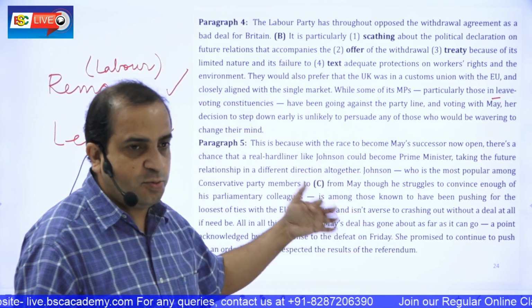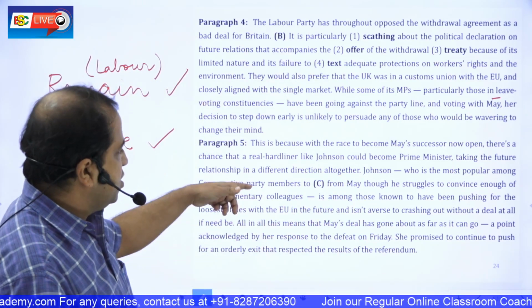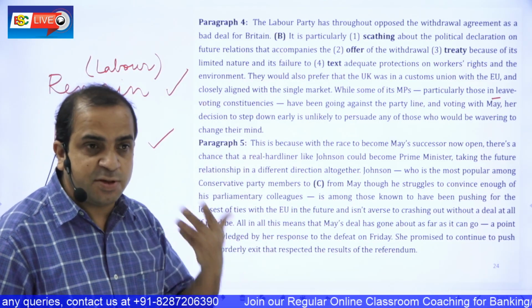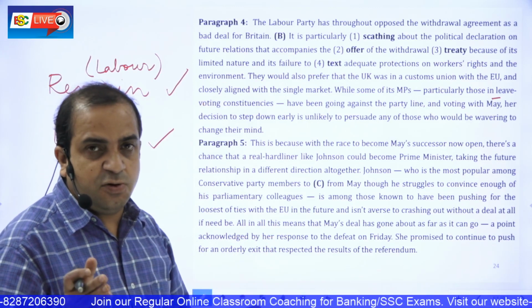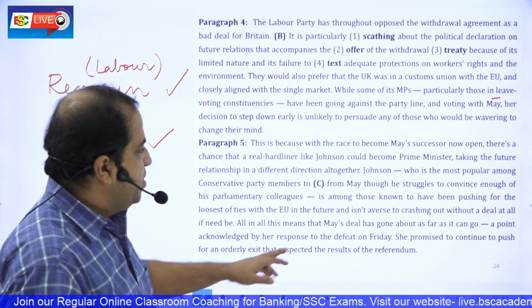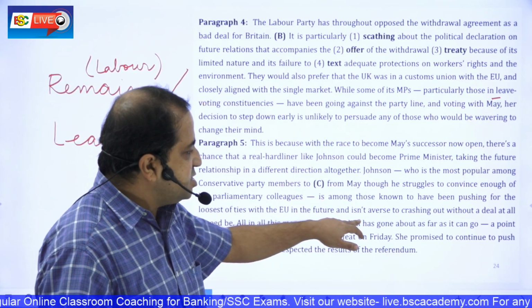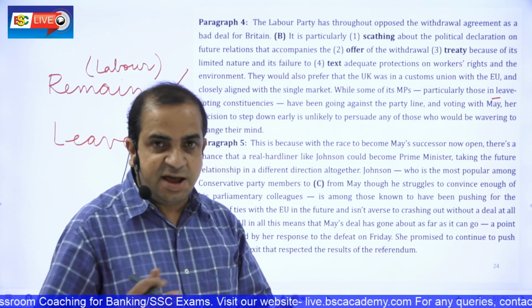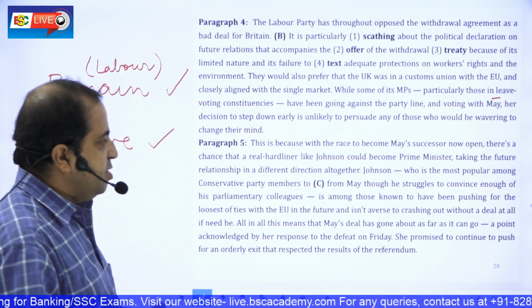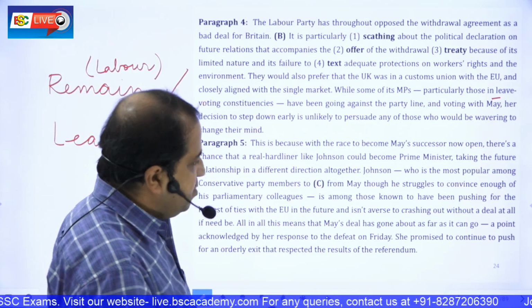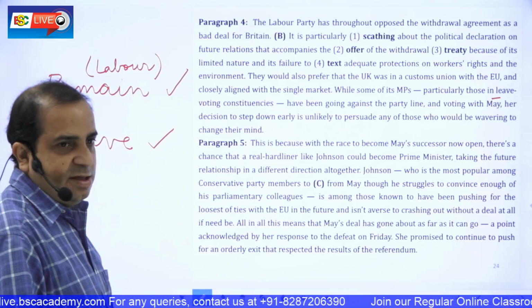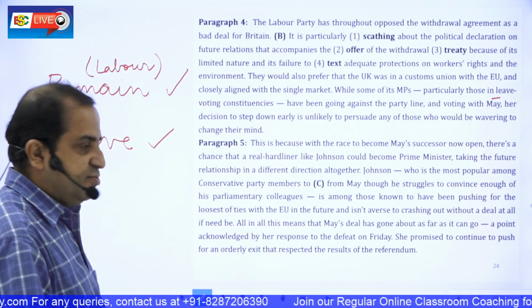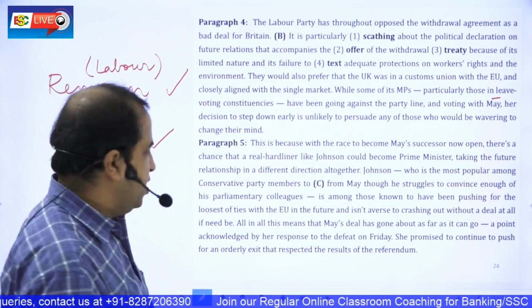In the passage, of course, the new Prime Minister has not been made yet, so the point is that if Johnson becomes the Prime Minister, the future may go in the other direction because Johnson isn't averse to it. His preference is that he may crash out without a deal at all if need be. No Brexit, straight finish, no deal Brexit.